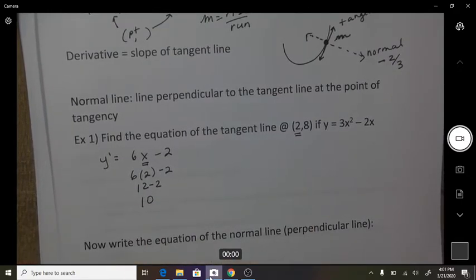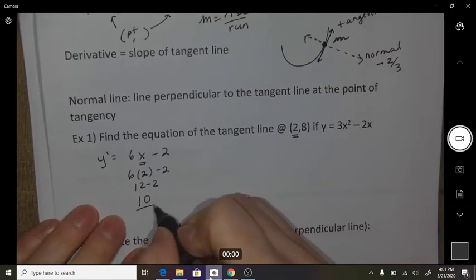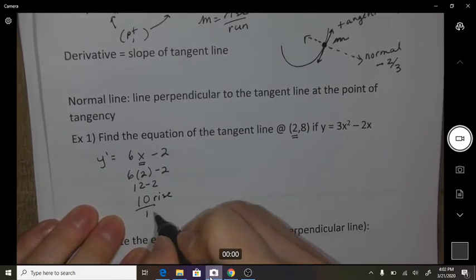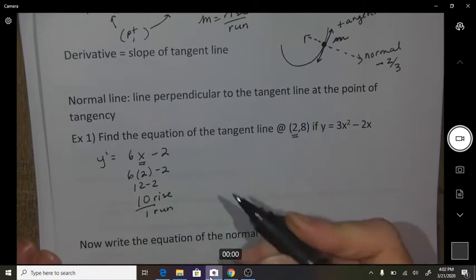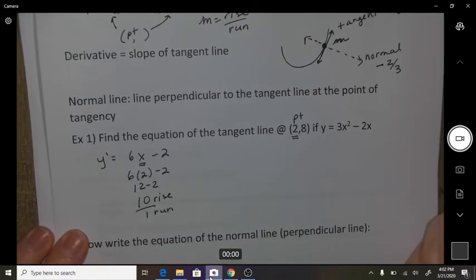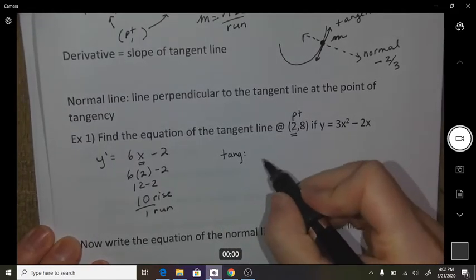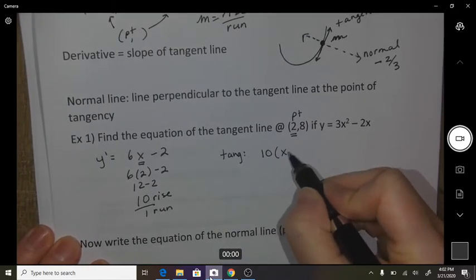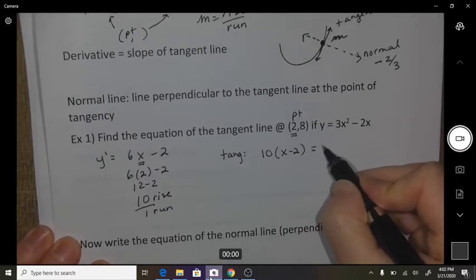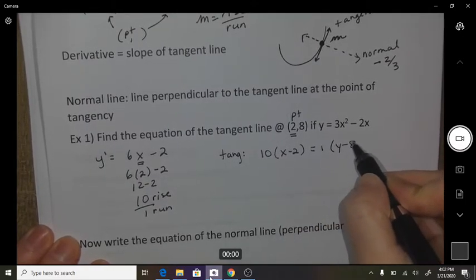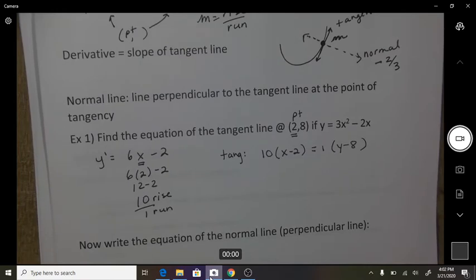Okay, so in a form of rise over run, it would be 10 over 1, and this is our point. So tangent line would go 10, x minus 2, 1, y minus 8. Okay, and obviously you don't really need that one there.